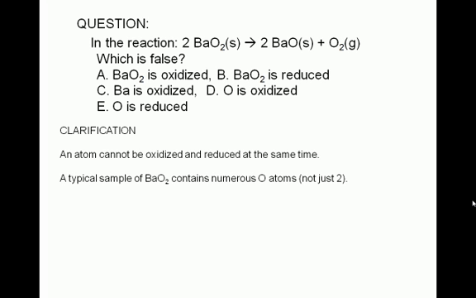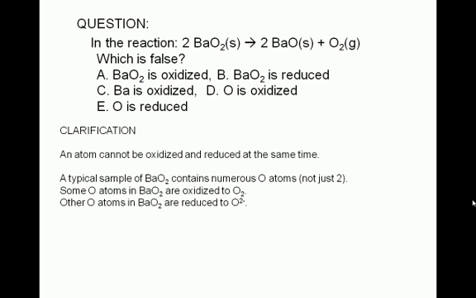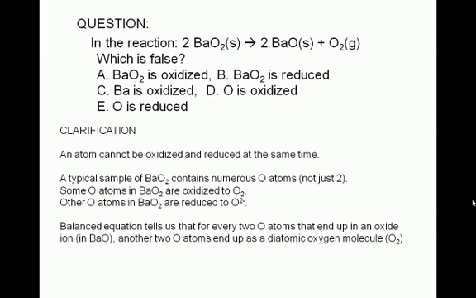What we really mean is that some oxygen atoms are oxidized to diatomic oxygen molecules, and some oxygen atoms are reduced to oxide ions. In fact, the balanced equation tells us that for every 2 atoms that end up in oxide ions, another 2 oxygen atoms end up as a diatomic oxygen molecule.